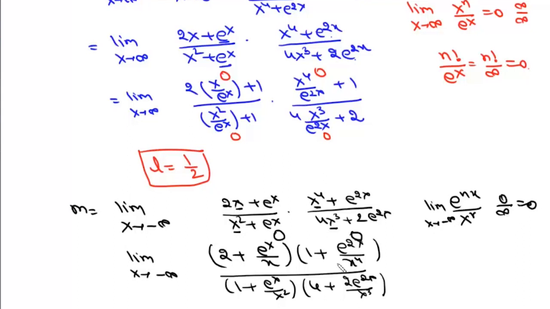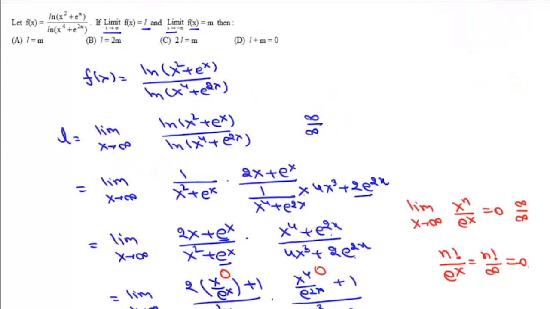So all these terms will be 0. So from here we'll get the value of M as also 1 by 2. So L is 1 by 2 and M is also 1 by 2. In this case, the answer to this question will be L equals M, and that's your option A.